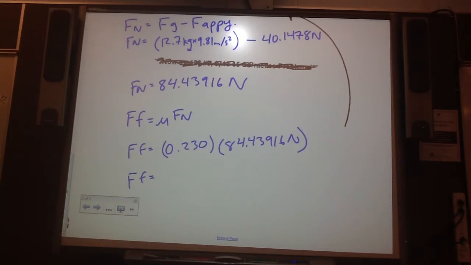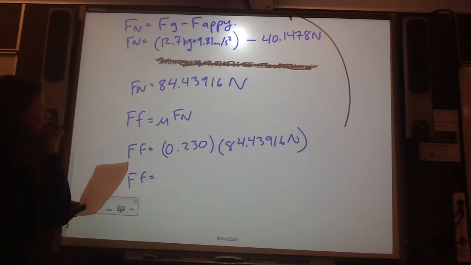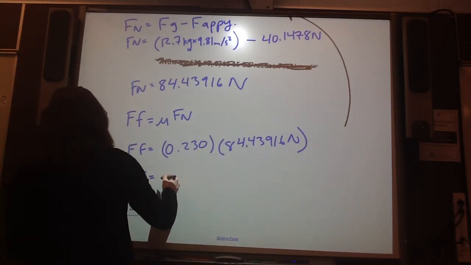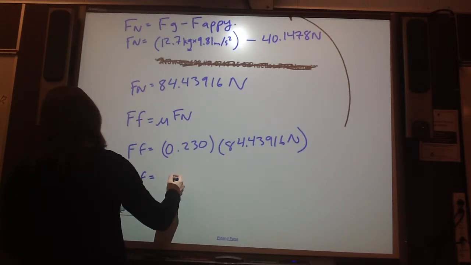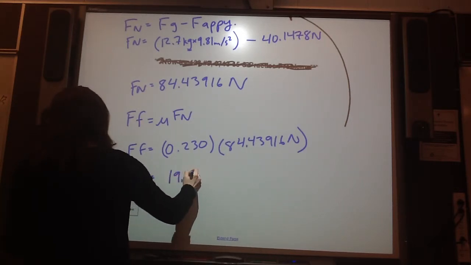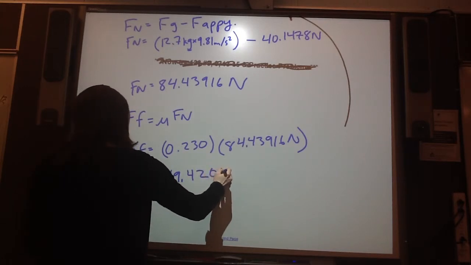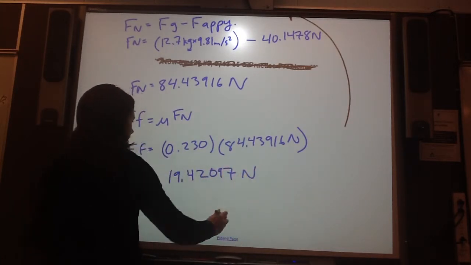Why is it a minus 40? Why is it like plus 40? Because of rearranging, I think. So our Ff is 19.42097 newtons. I can go back to that in a second if it's not clear though.